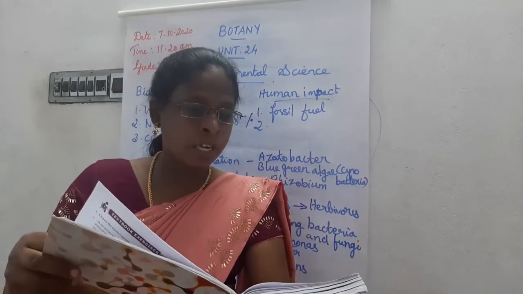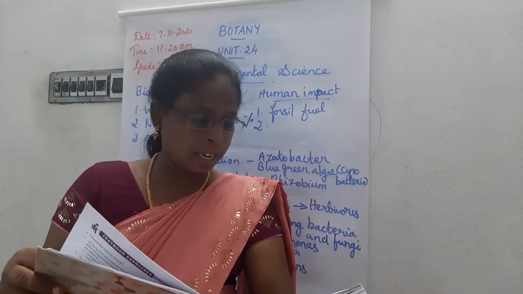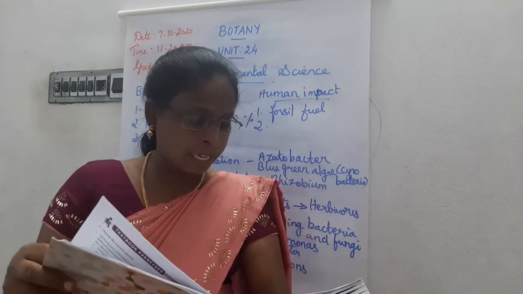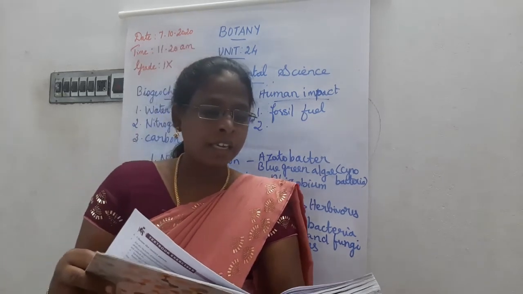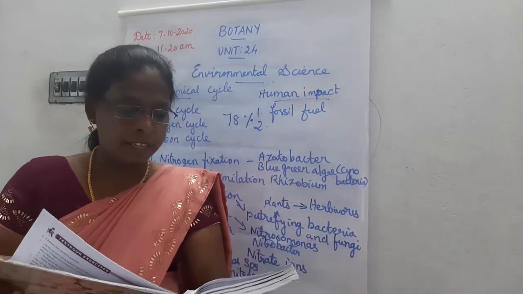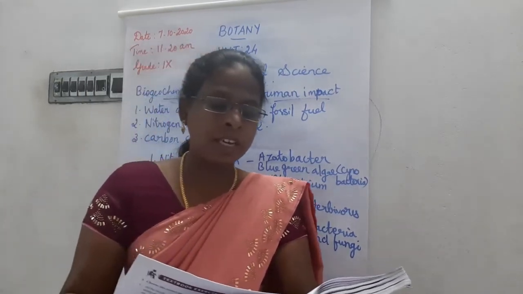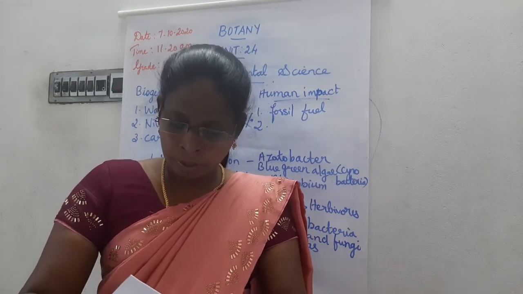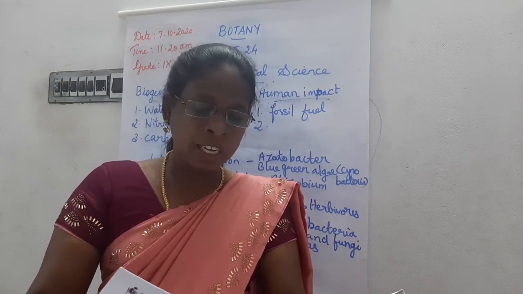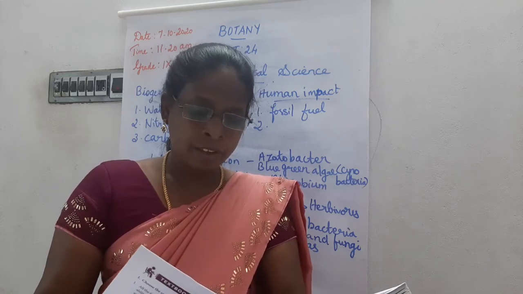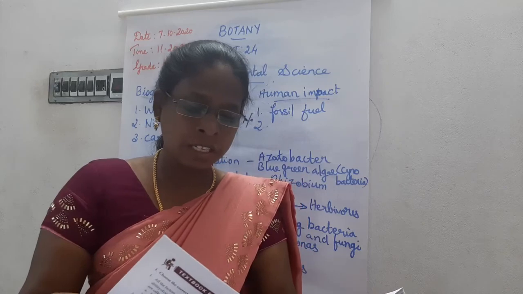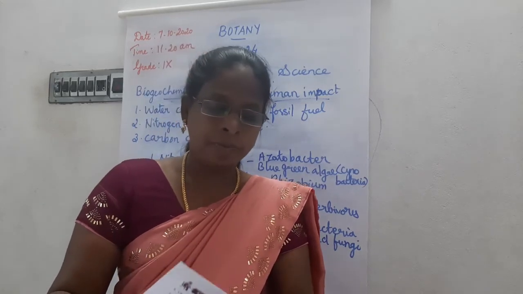Page number 292, nitrogen cycle, the second para. Processes involved in the nitrogen cycle are nitrogen fixation, nitrogen assimilation, ammonification, nitrification, denitrification. Up to page number 293, up to denitrification, the gaseous nitrogen which enters the atmosphere, up to that.